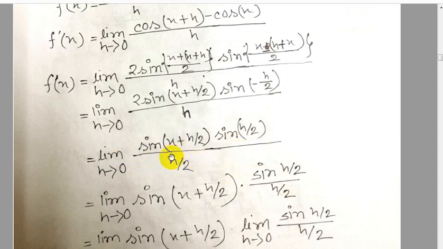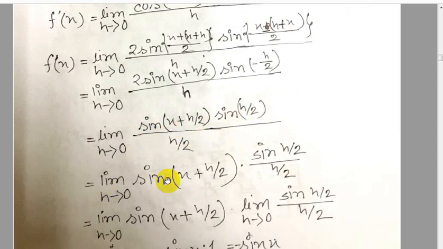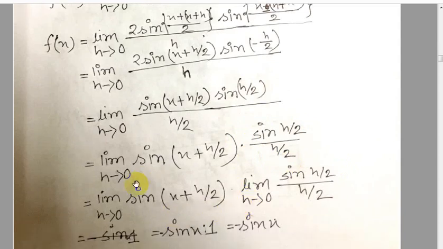Now you will get limit h tends to 0 of sin of (x plus h by 2) into sin of h by 2 divided by h by 2, whole into minus 1. No problem, because sin of minus theta is equal to minus sin theta. Therefore there should be a minus multiplied with this term here. Now we make these two parts with limit h tends to 0 separately.